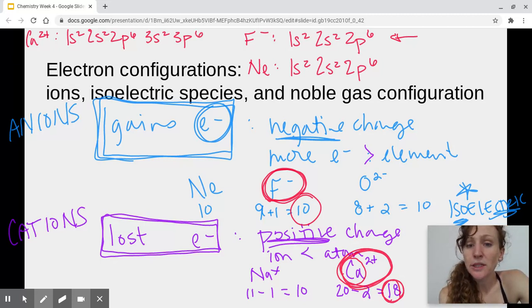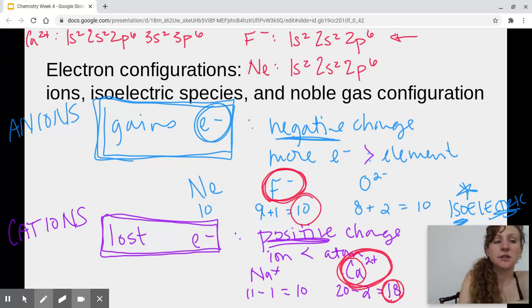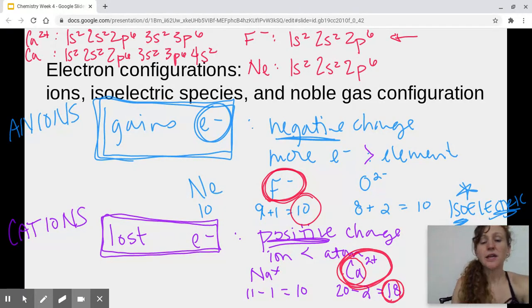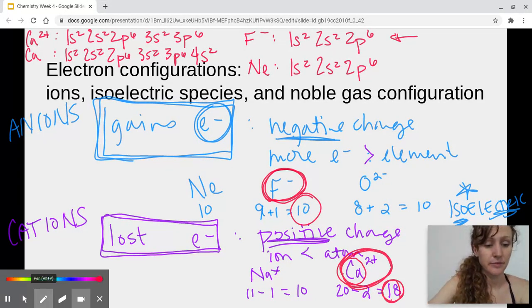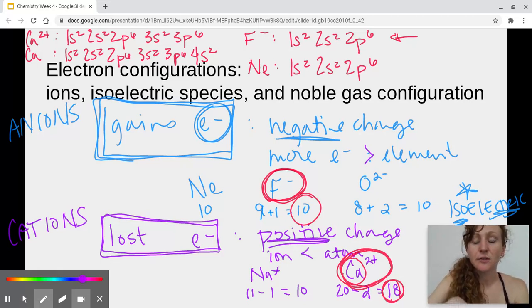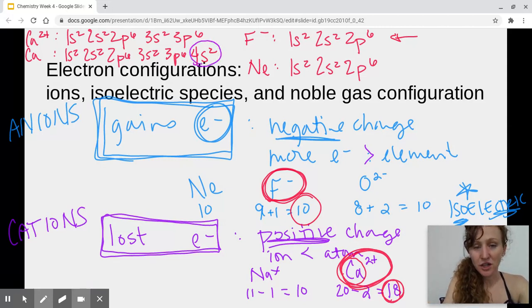Now notice if we compare the calcium atom to the calcium ion, we can see exactly where those 2 electrons are lost from. The calcium atom ends in 4s2. If I remove those 2 electrons, then I get the calcium ion configuration.